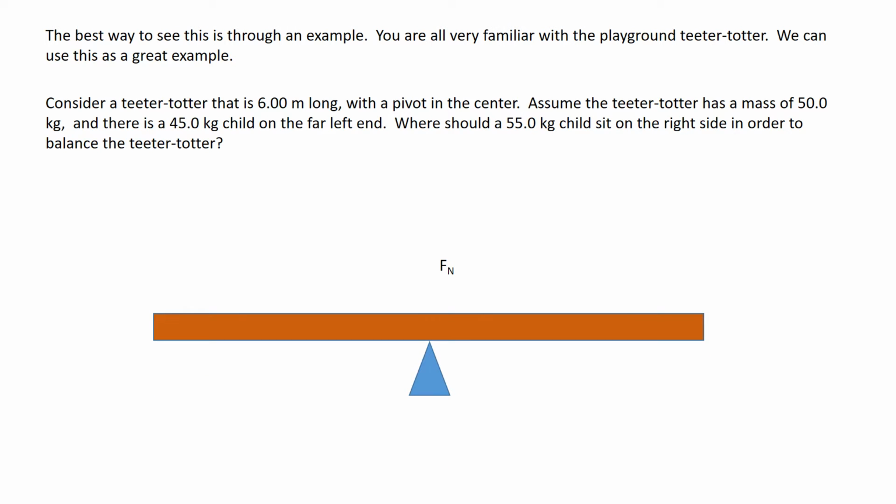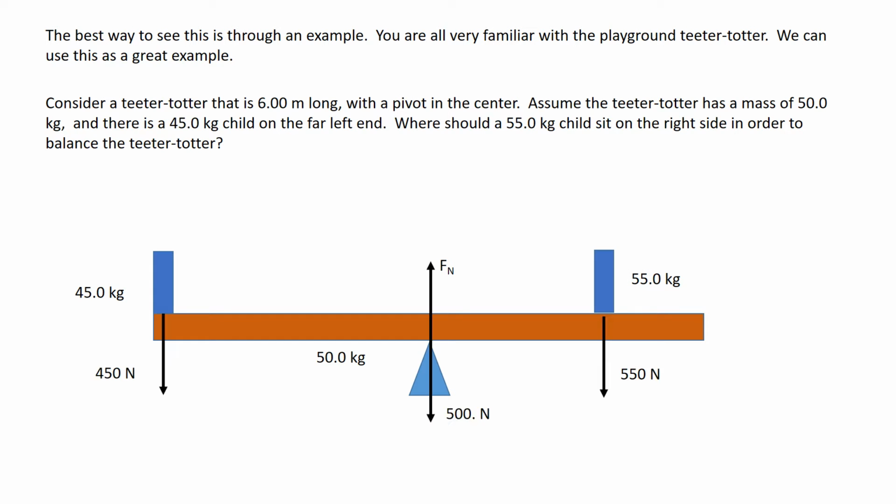So here's my teeter-totter, 50 kilograms, and they're my 2 people, 45 and 55 kilograms, and I've got all the forces identified. Notice I've got a 450 newton force down, a 500 newton force down, a 550 newton force down, and then a normal force up. All of that should be familiar to you.